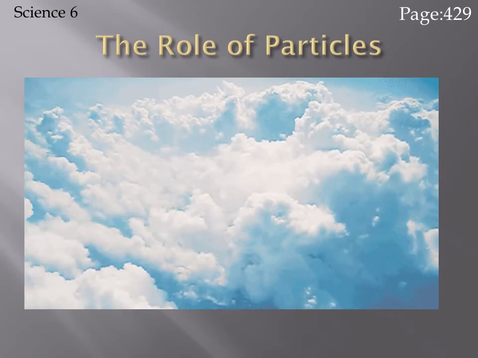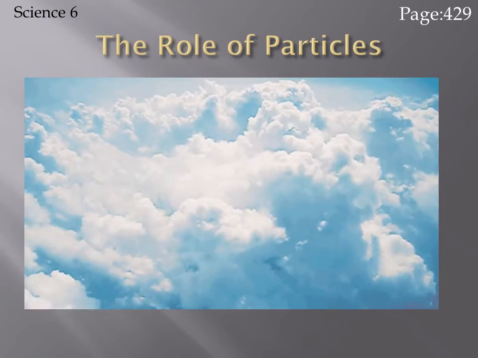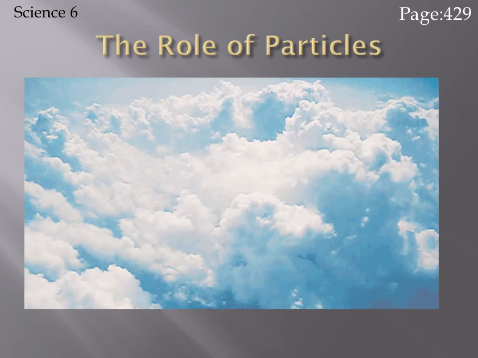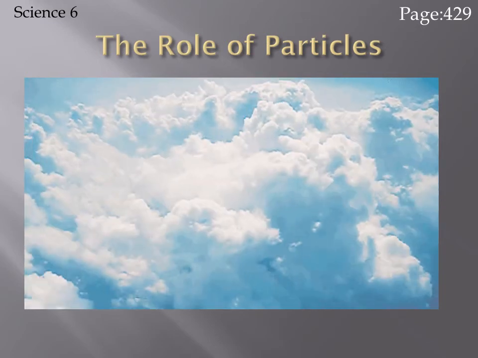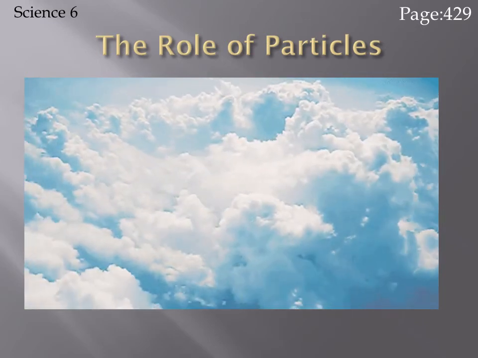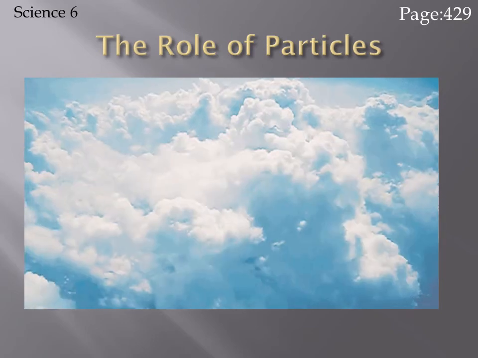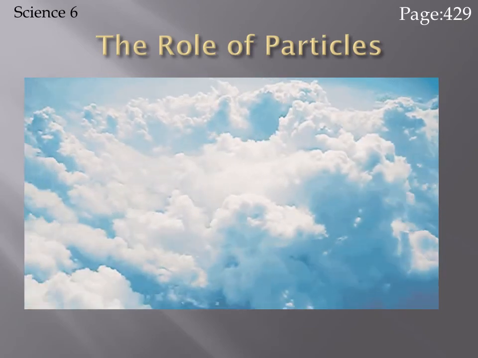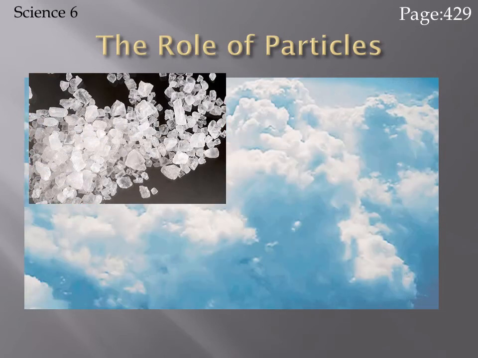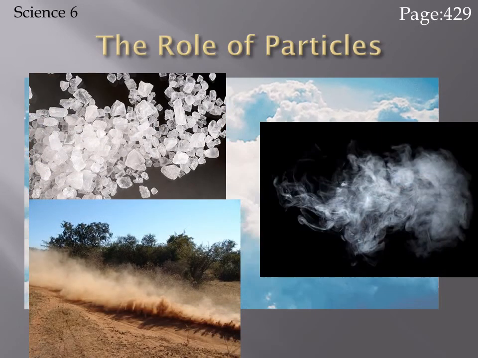The role of particles. For water vapor to condense and form clouds, tiny particles must be present in the atmosphere so that the water has a surface on which to condense. Most of these particles are salt crystals, dust from soil, or smoke.